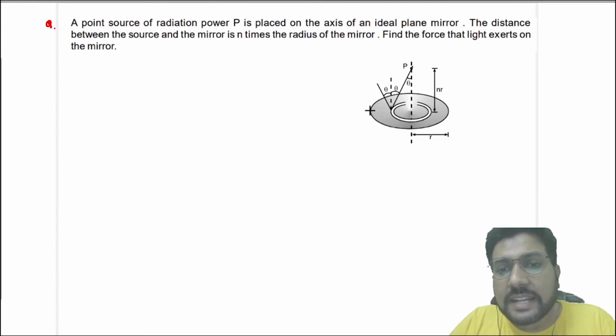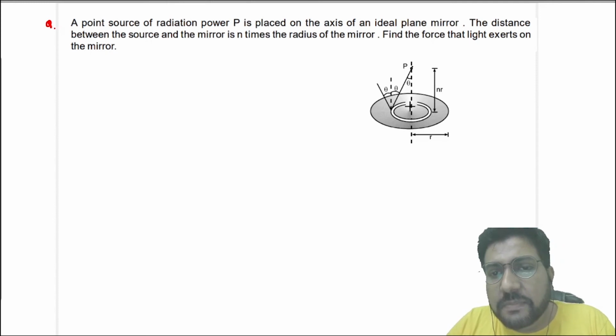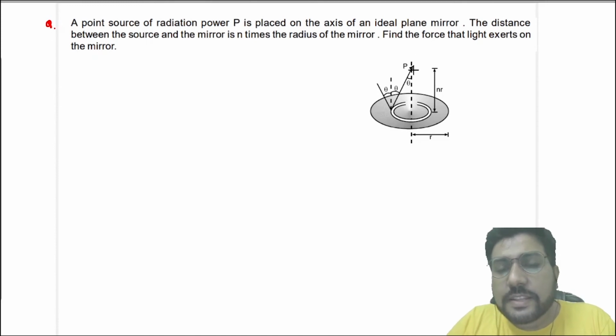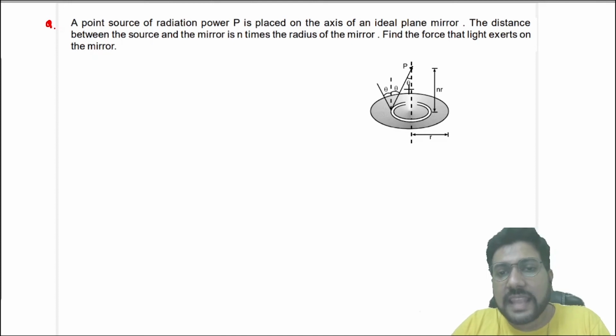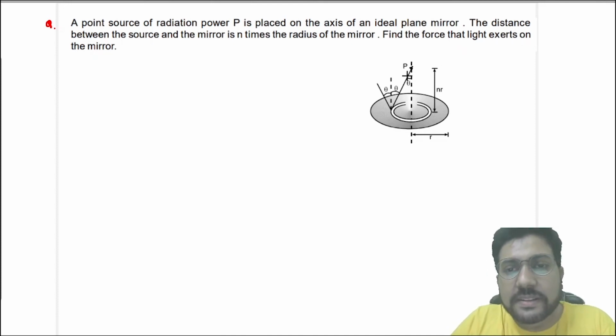This is an ideal plane mirror, which means it is completely reflective, and the point source is at a distance nr. The radius of this mirror is r. Then we need to find the force exerted by this light on the mirror.